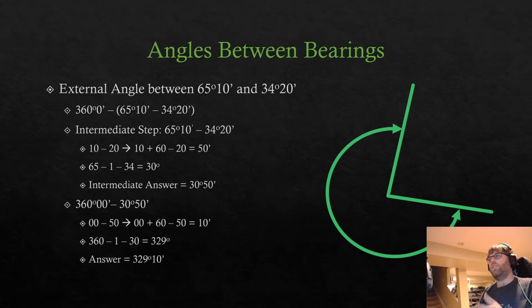So in terms of this, if we were getting the external angle between 65 degrees, 10 minutes, and 34 degrees, 20 minutes, we're going to do 360 minus the difference between the 65 degrees, 10 minutes, and the 34 degrees, 20 minutes. So if you do that intermediate step, we're going to do 360 minus 30 degrees, 50 minutes, which leaves us with an external angle of 329 degrees, 10 minutes.